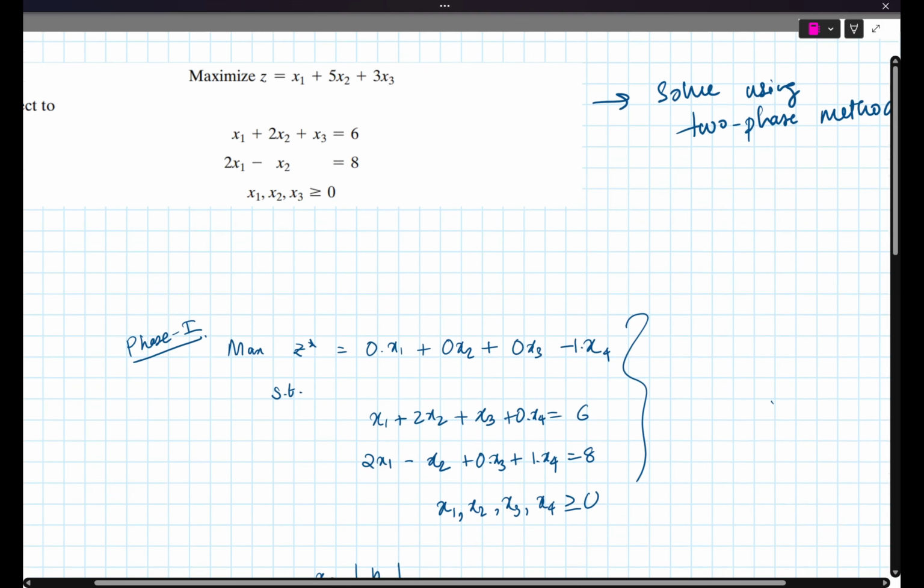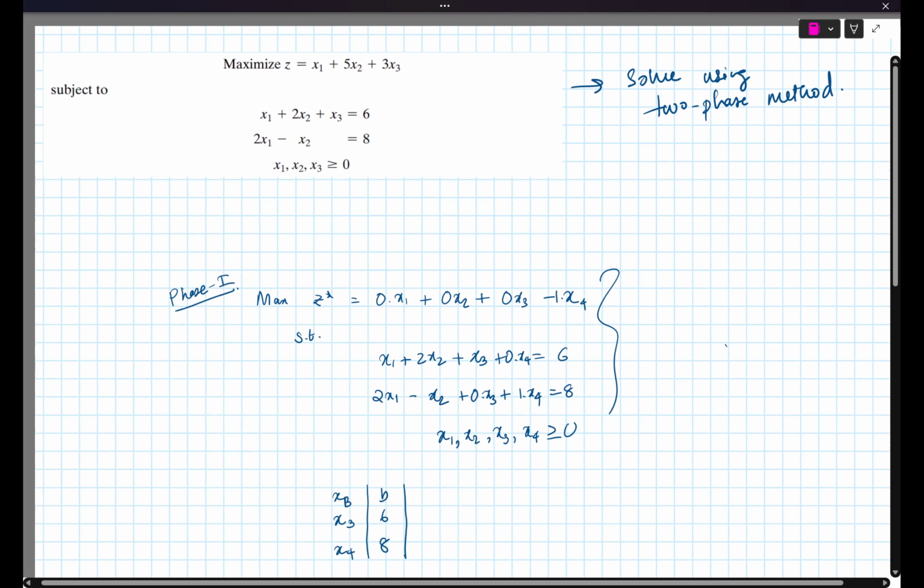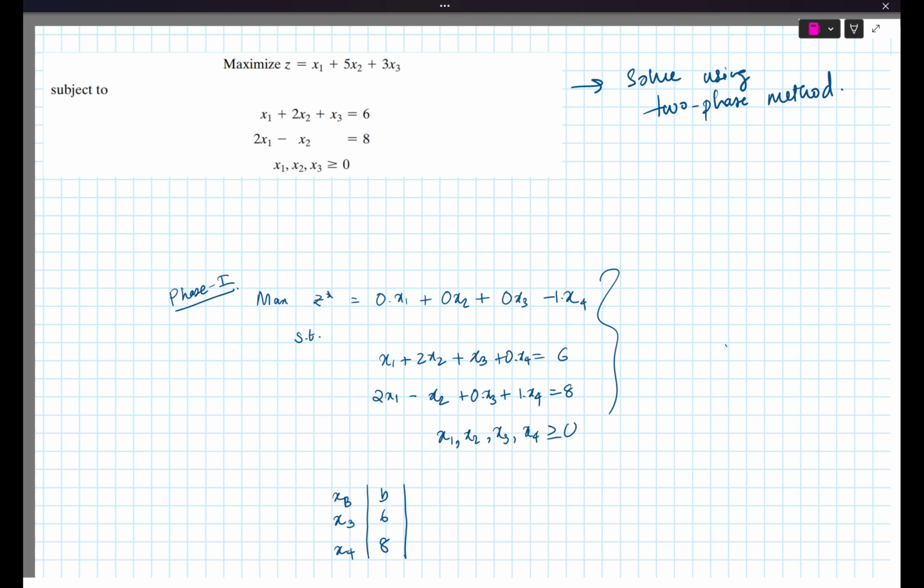Okay, fine. So basically what I'm doing is we are solving this using the two-phase method. If you recall, it was discussed this week in week 3 as an alternative to the big M method, and you don't have to choose an M value when you are using this two-phase method.